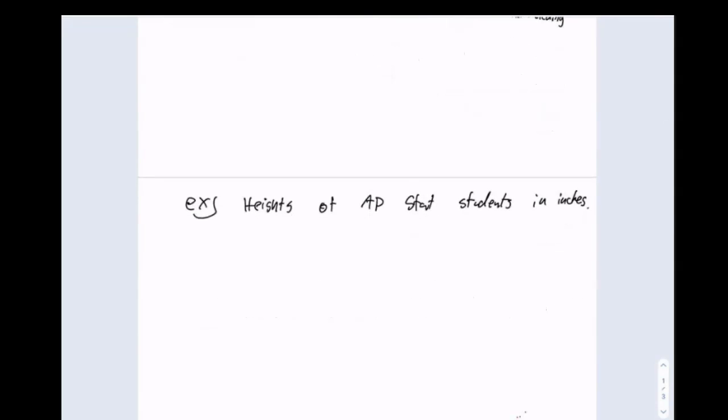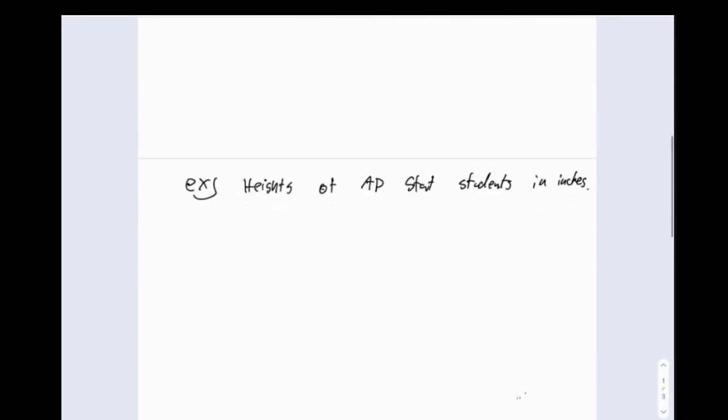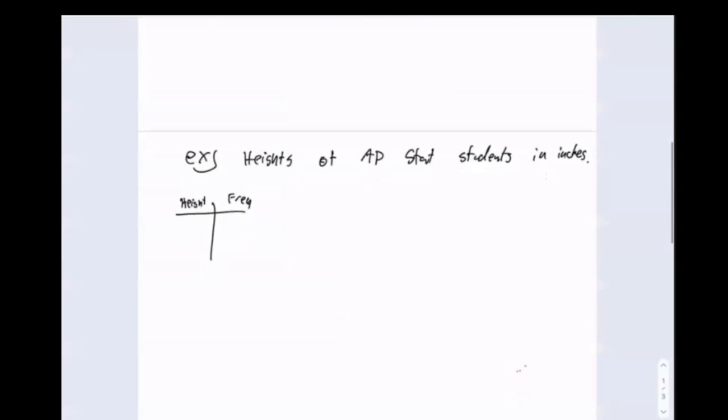Now, let's say that these were the responses I got, and I'm going to do mine as a frequency. So this is the height, and this is the frequency, and the heights are going to go from 55. Next thing we have is 60.